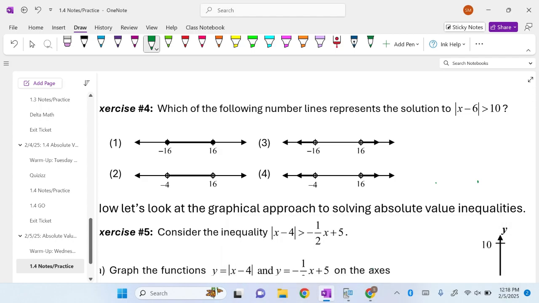So all you're doing is solving the absolute value of x minus 6 is greater than 10. And then once you solve it, circle the correct graph representation.